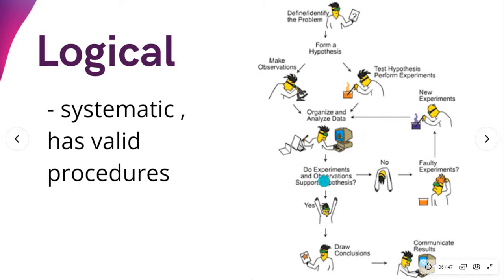Just like in this picture, you have this problem, you hypothesize, you observe, gather data, and maybe do an experiment. Things could go wrong over here and you do it all over again. Yes, of course, we all experience that. And then, somehow along the way, it works, and then you can draw your conclusions from your analyzed data and you can communicate your results.